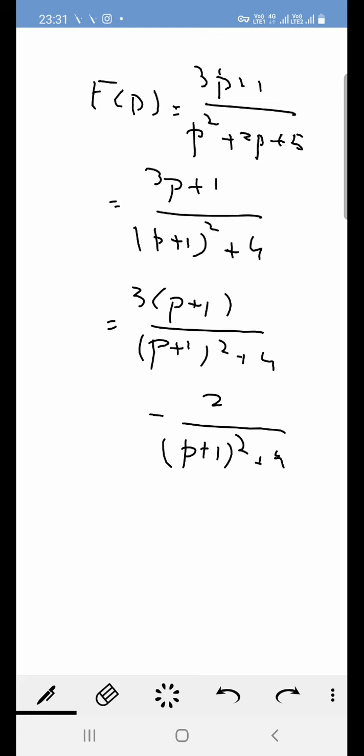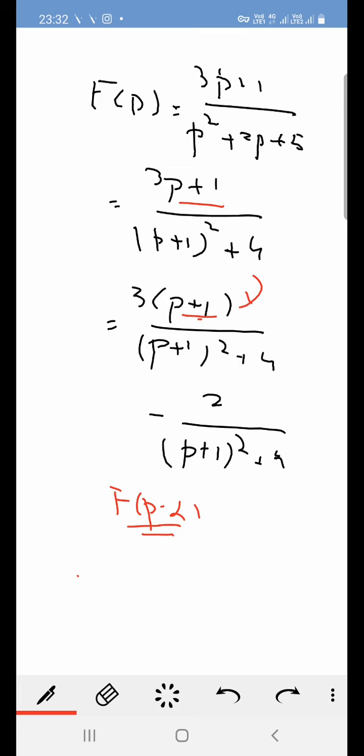The reason that we did this change, that means from 3p plus 1 to this expression, is because we wanted to have something in the form of F(p minus alpha), because we will be using the shifting theorem.